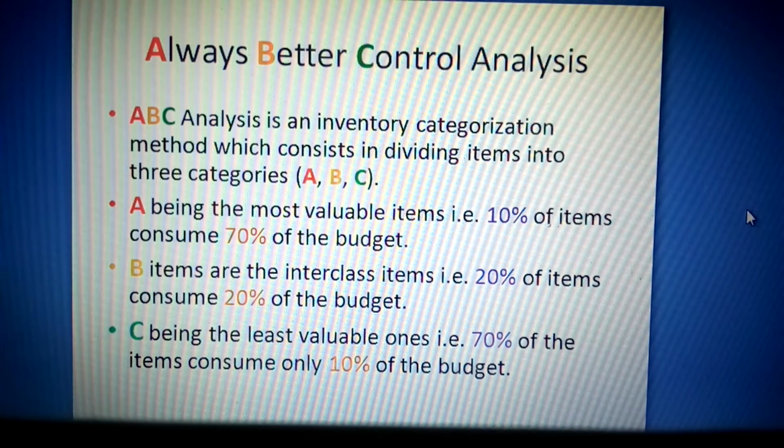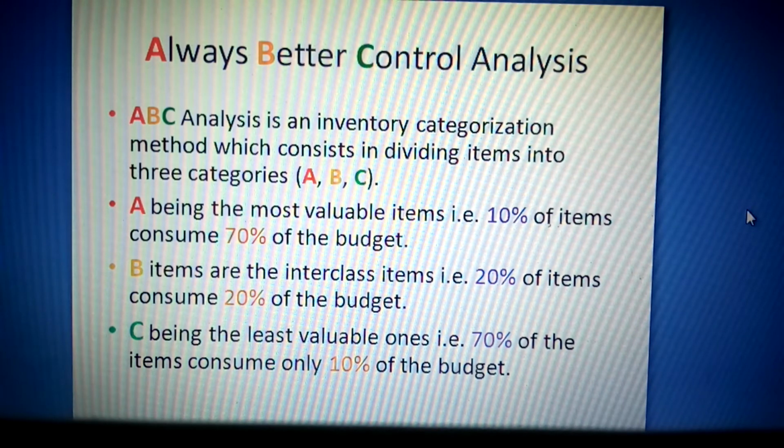In A category, A being the most valuable items, that is 10% of items consume 70% of the budget. Suppose you have a list containing 100 drugs or 100 items in which only 10 items consume 70% of the total budget. So those 10 items will be categorized under A category, which consumes 70% of the total budget.